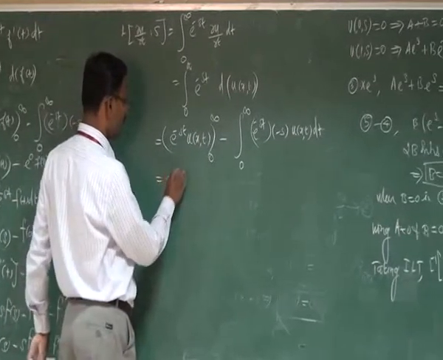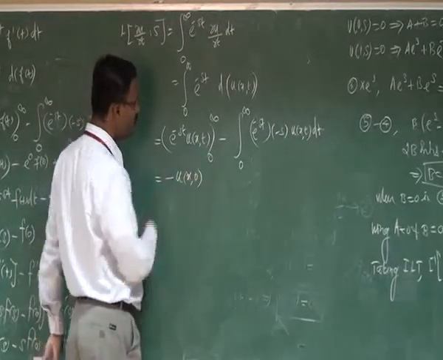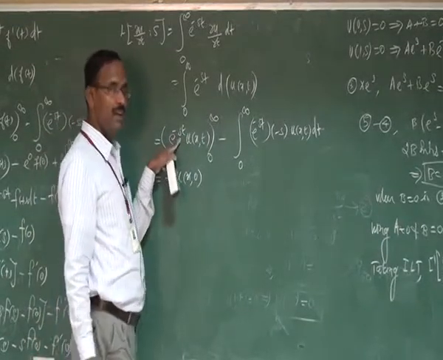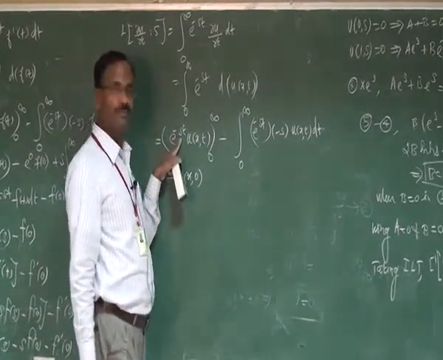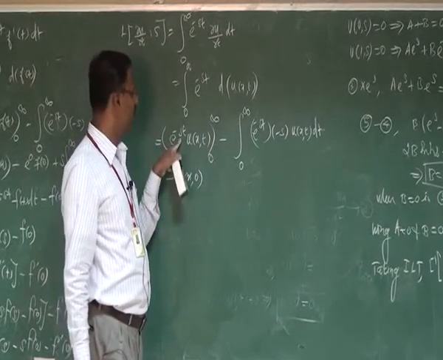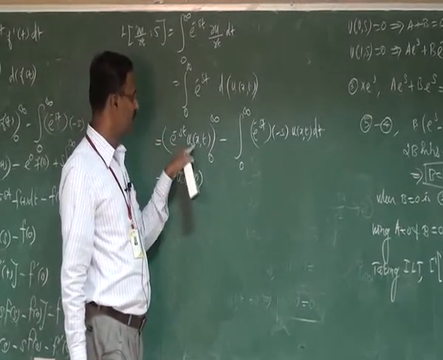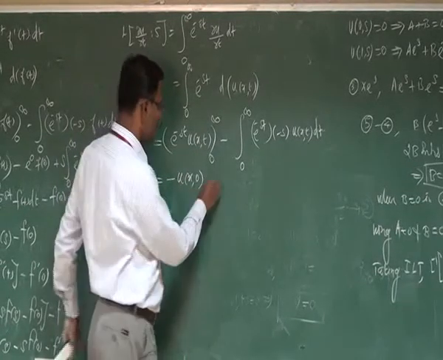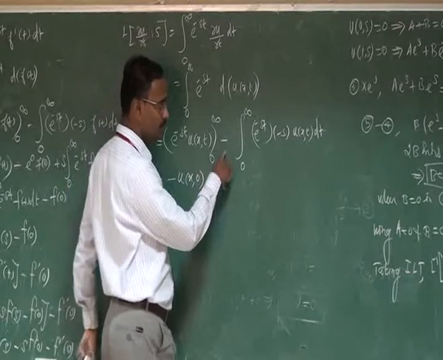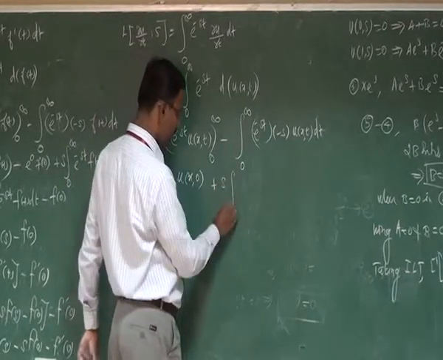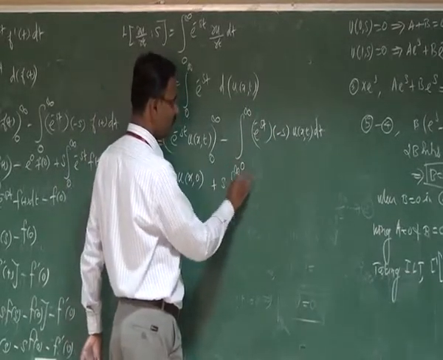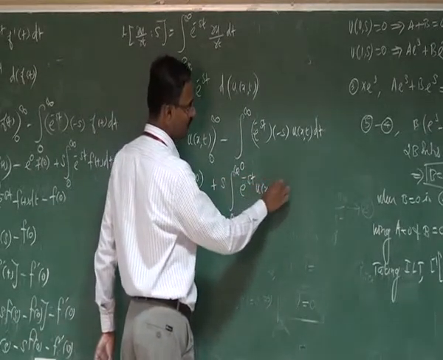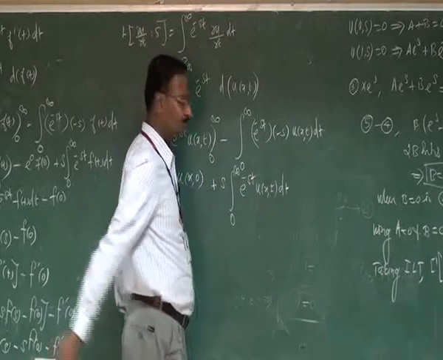When we replace t by infinity, e power minus infinity becomes 0. When we replace t by 0, e power 0 is 1, u of x comma 0, therefore minus of u of x comma 0. Here minus of minus becomes plus s times integral 0 to infinity e power minus st u of x comma t dt.